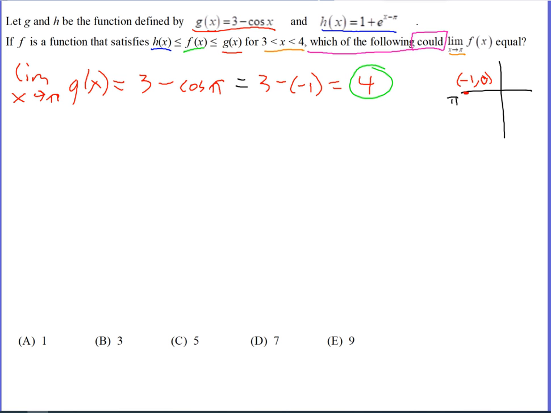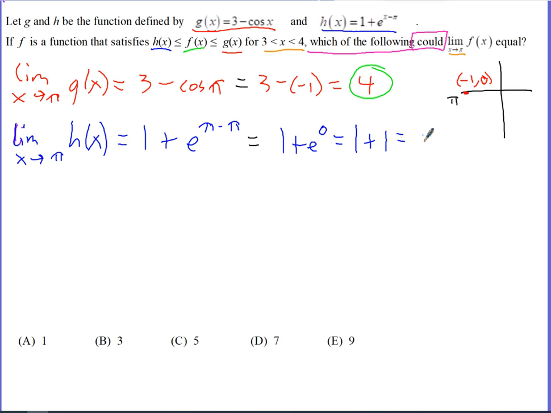So let's compare that with the limit as x approaches pi of h of x. So it'd be 1 plus e to the pi minus pi. That just gives you an exponent of 0. e to the 0 is just 1, so you get 1 plus 1, which is 2.